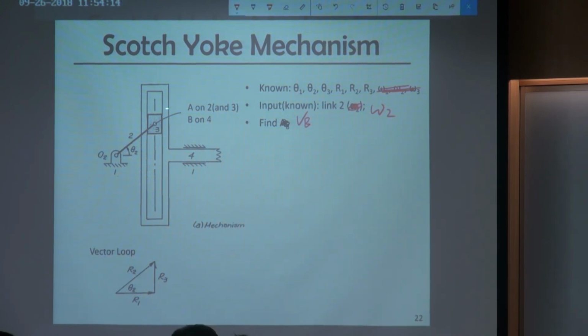Here, this question is overlapping point A and point B. It's saying A is on 2. So A is on this point. But B is also on this point right now. And it said B is on 4. But once you move this one, and just draw another one. So next step, we will move here. Keep moving.